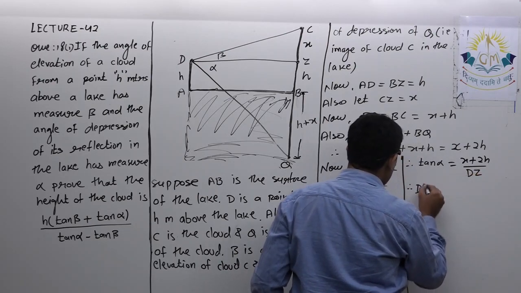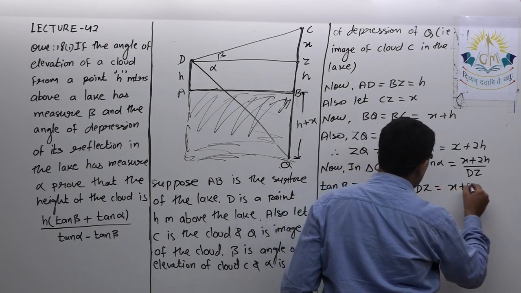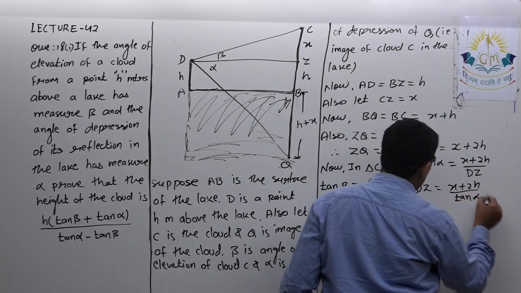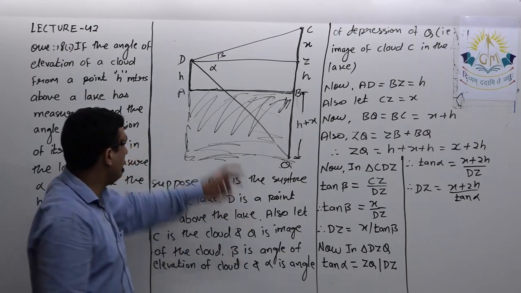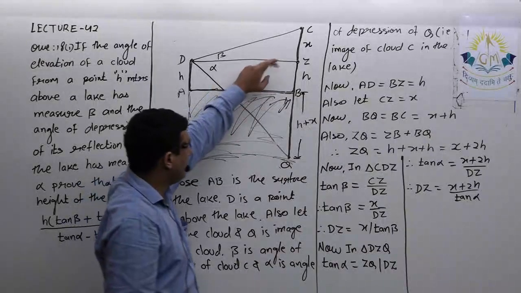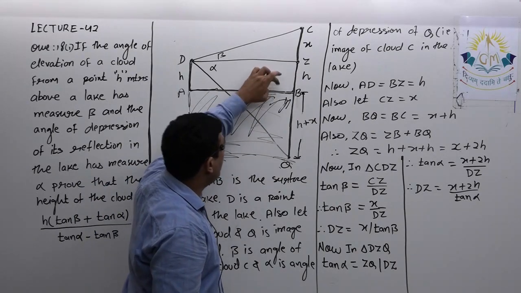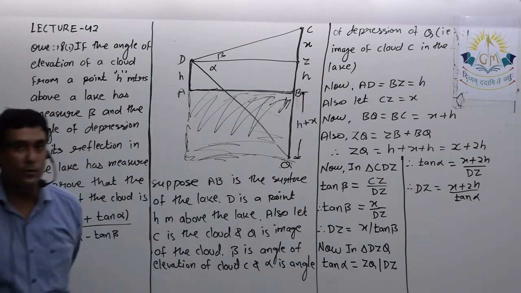Therefore I can write DZ is equal to X plus 2H upon tan alpha. Okay, so now think what we have to do next, because we need the height of the cloud. That means we need ZQ, we need BC, the length of BC. So think over that, then I will give you its solution further.